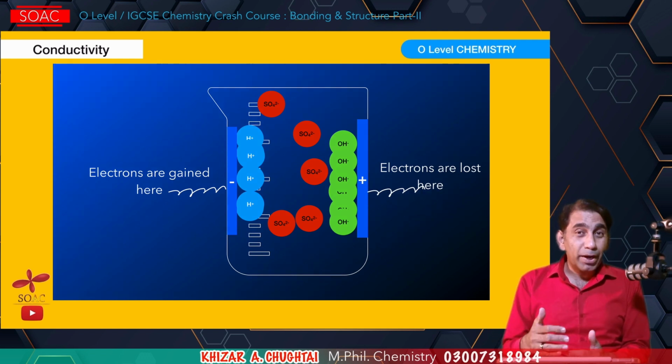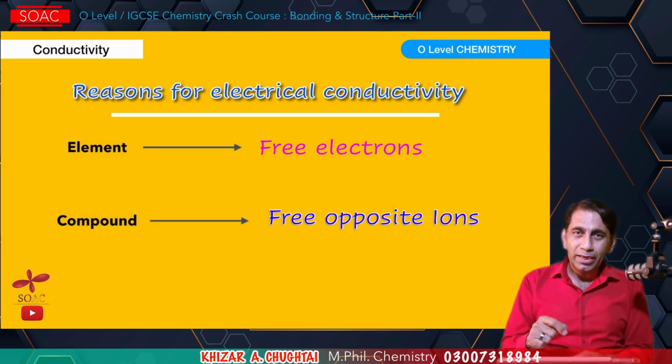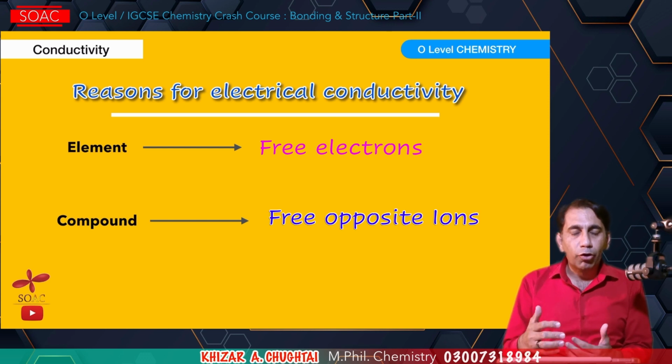But compounds like glucose, iodine, ethanol do not make any positive or negative ions in water, so they won't conduct electric current from their solution.